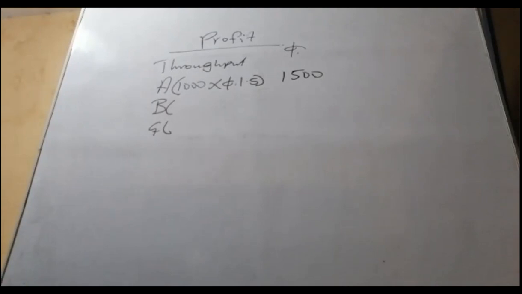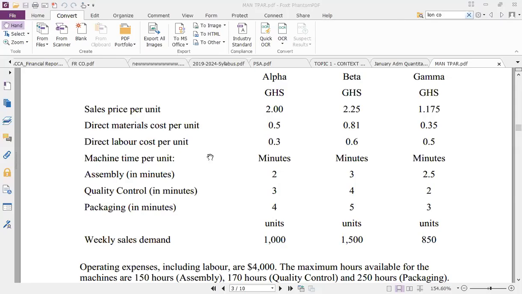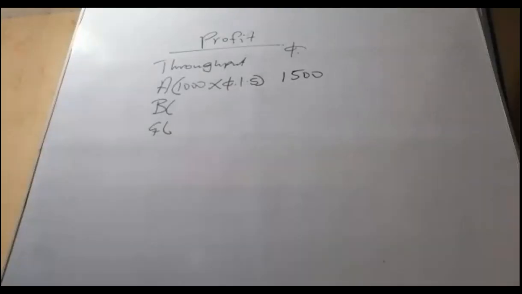Now what about beta? Beta, the demand is what? 1,375, and then the throughput per unit is what? We have 2.25 less 0.81. That's 1.44.